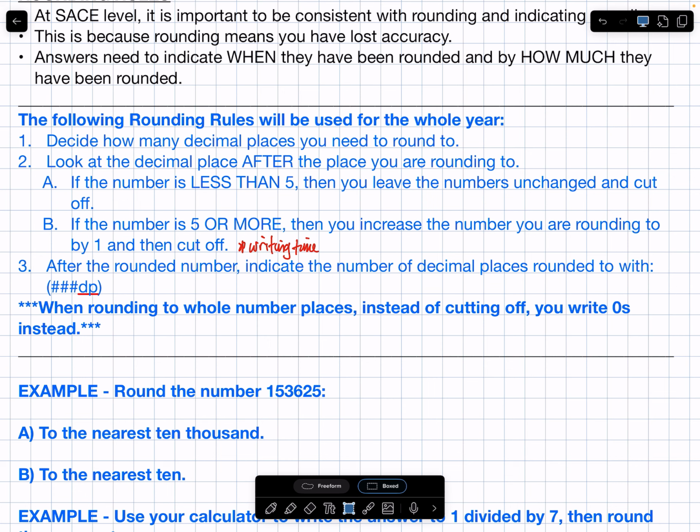If it's more than 5, you increase by 1. There's more seats down here.